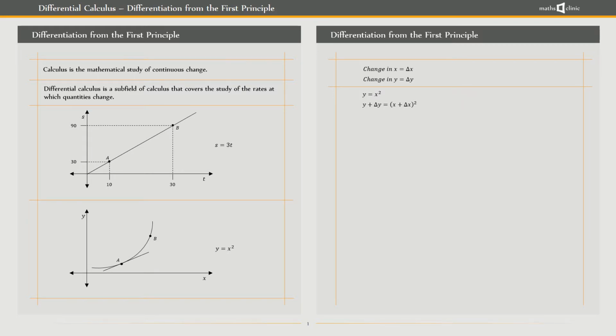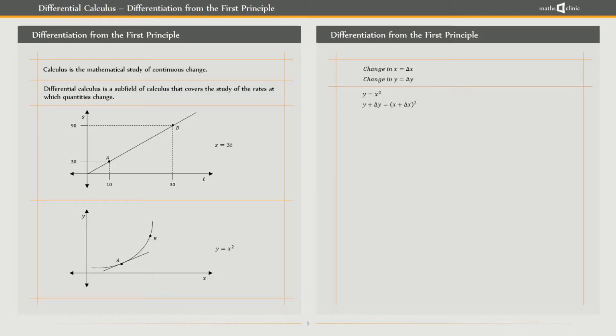So if you add delta x to x and square it, your result would be y plus delta y, because the function you have here is y equals x squared. So x plus delta x all squared would be y plus delta y, an increase in x bringing about an increase in y as well.